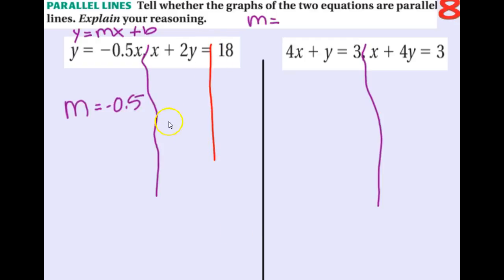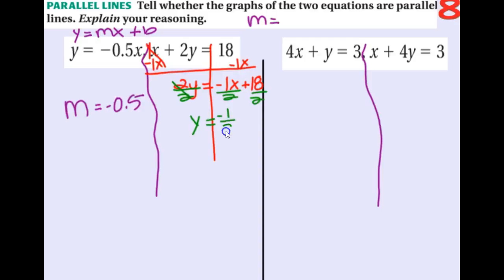So we need to solve this problem to see if it has the same slope. This is really a 1x, so I'm going to move that to the other side, subtract 1x. We get 2y equals -1x plus 18. And then divide everything by 2. We get y equals, leave it as a fraction, -1 over 2x, plus 18 divided by 2 is 9.